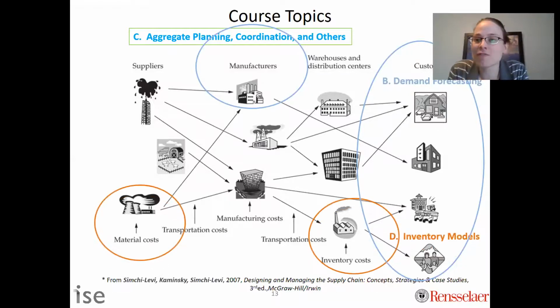Then we talked about inventory models, and inventory shows up in lots of places, almost all over the supply chain. We talked about how much, where, and when we should get our stuff. And our stuff is materialized in different forms. Closer to a retail store it would be a final product, but you would have work in process and raw materials in different places in the supply chain.